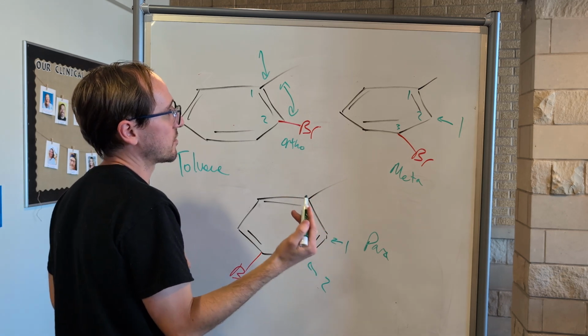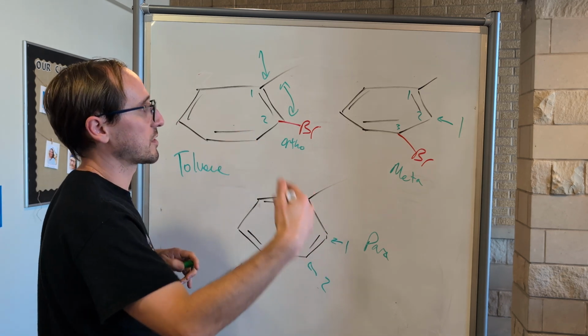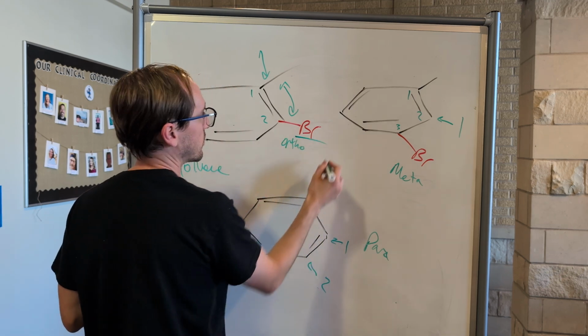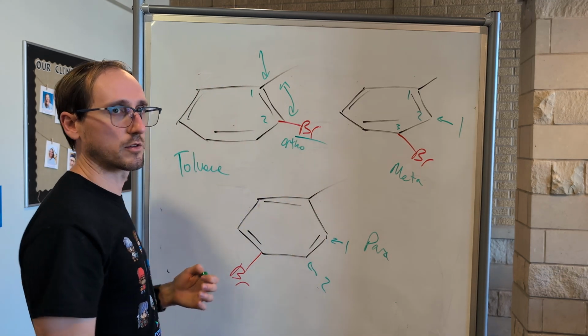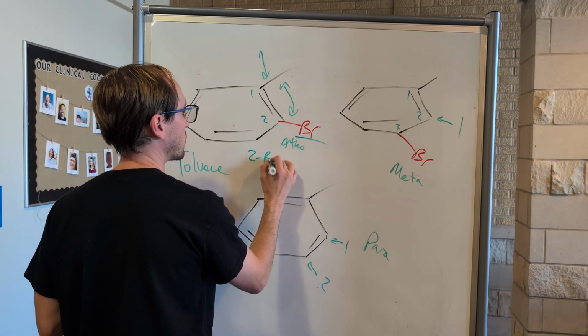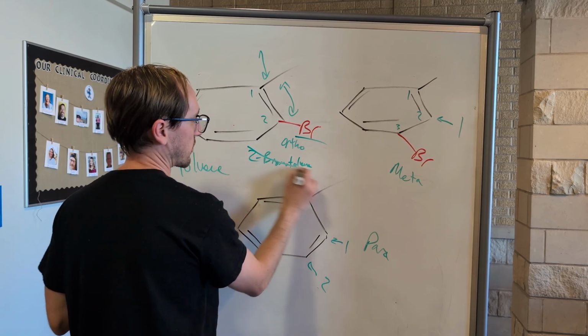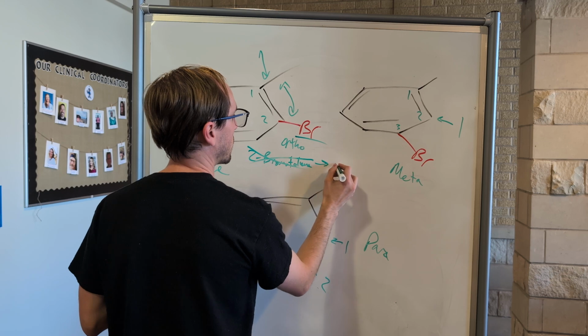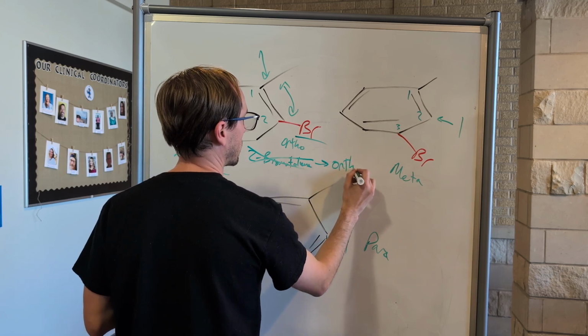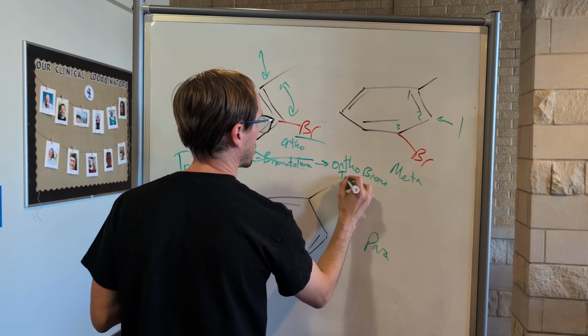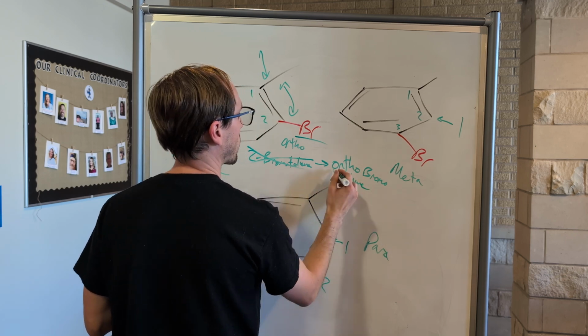The idea is that as chemists, when we label this, we don't actually ever call it 2-bromotoluene. Don't do that. You say it is ortho bromotoluene.